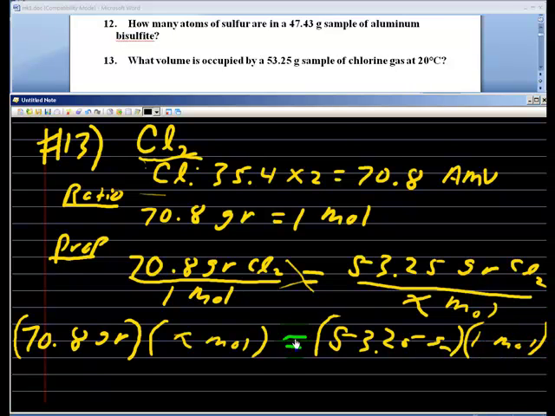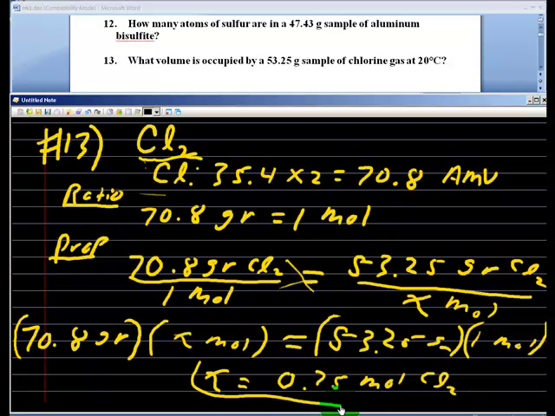When you do the algebra, X is going to equal 0.75 moles of Cl2 gas.